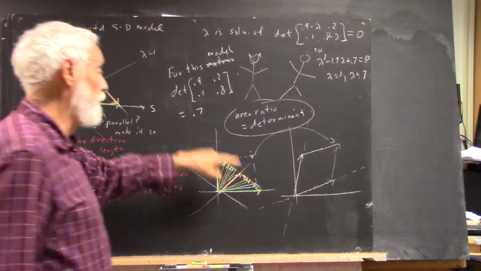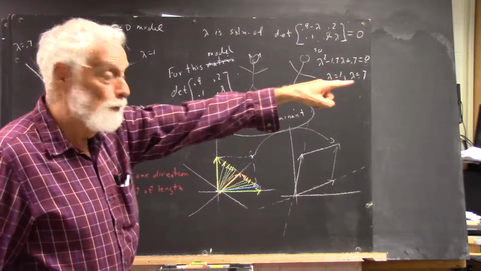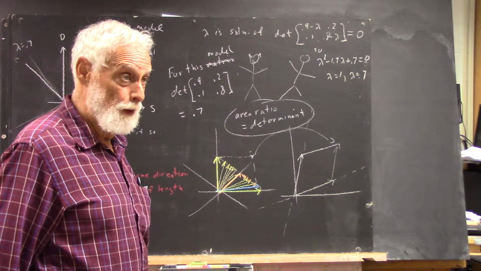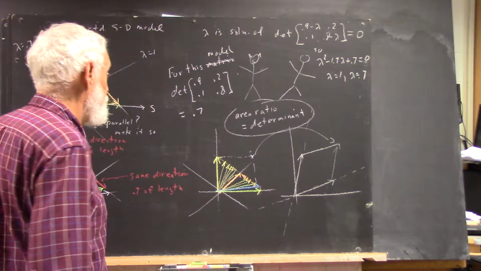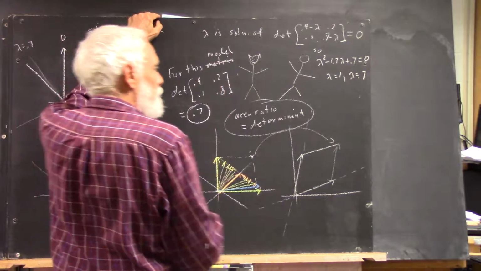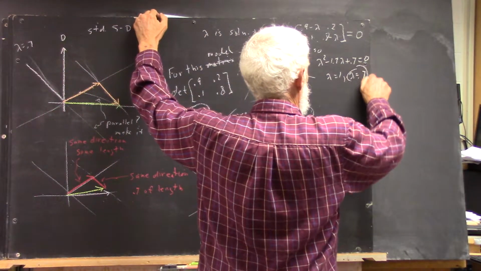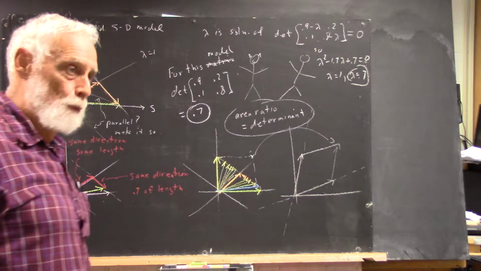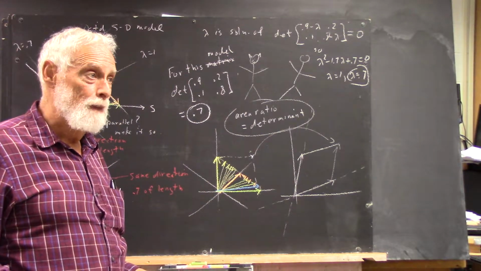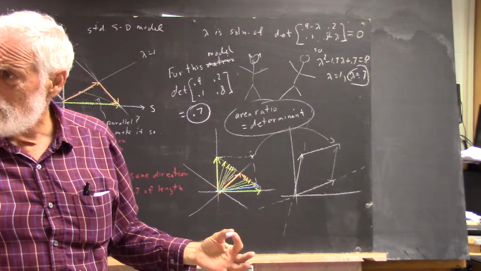This is the determinant of the matrix itself, which is what I did up there. I didn't have any lambdas in that. We notice that the determinant of the matrix is 0.7. Also, that one of our eigenvalues, lambda, is 0.7, right?